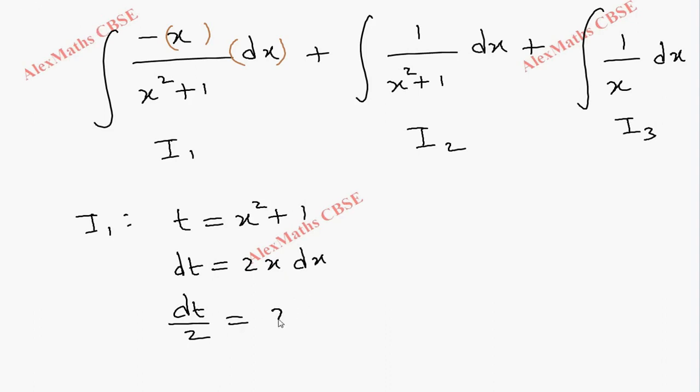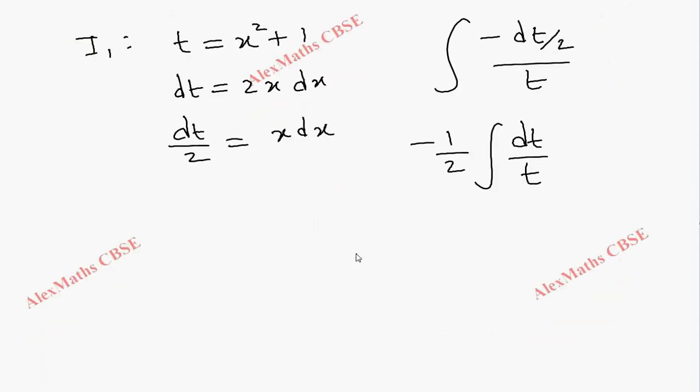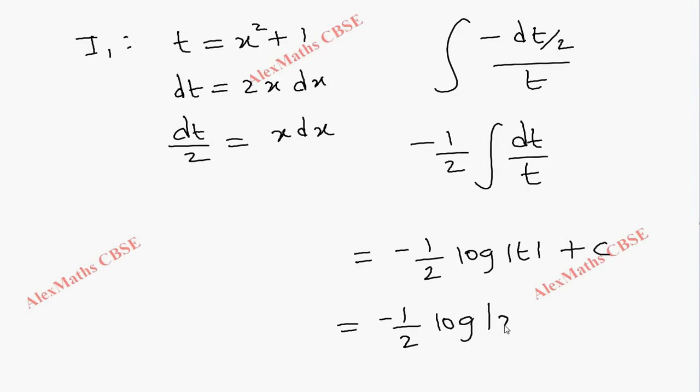By substituting everything in terms of t, this becomes minus dt by 2 by t. Taking minus 1 by 2 outside, we get minus 1 by 2 integral dt by t, which is log t. So this is minus 1 by 2 log mod t plus c, and we have to replace the value of t, which gives log mod x square plus 1 plus, let's take it as c1.